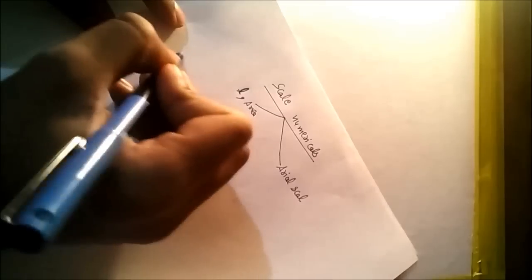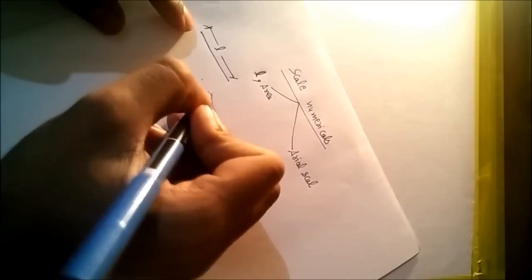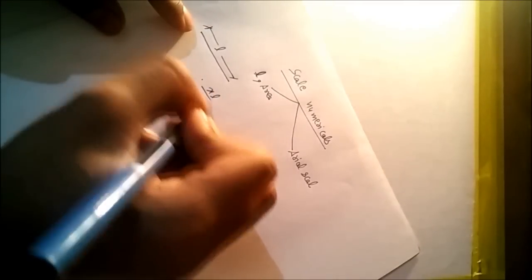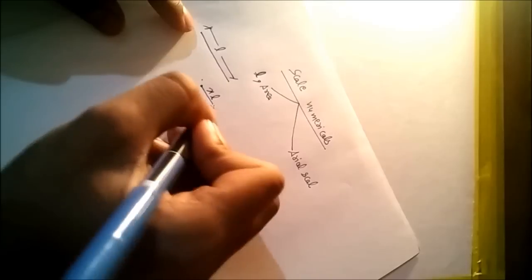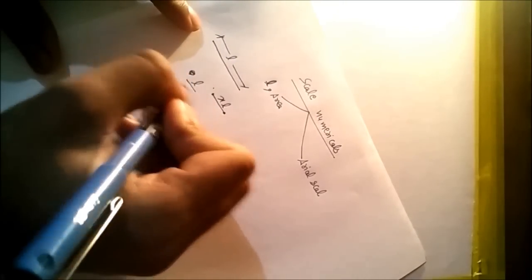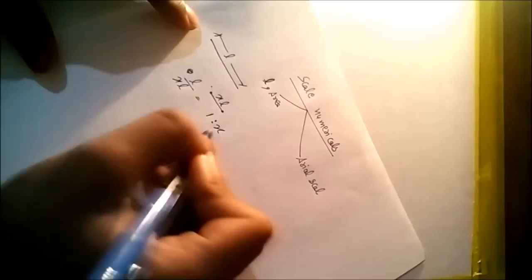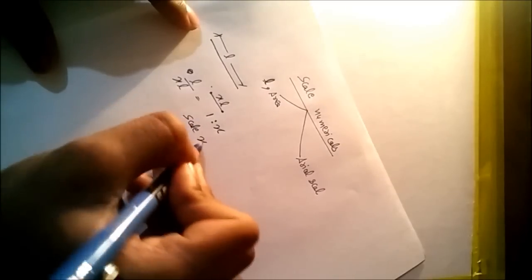Scale on the length, as we know, if we have given L length on the real side and we draw it on the map with XL, X could be smaller or greater, then the scale is L upon XL is equal to 1:X, means scale is X. But in case of area, this is the case of length.